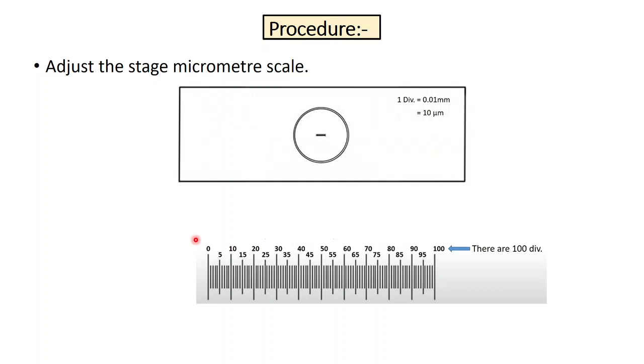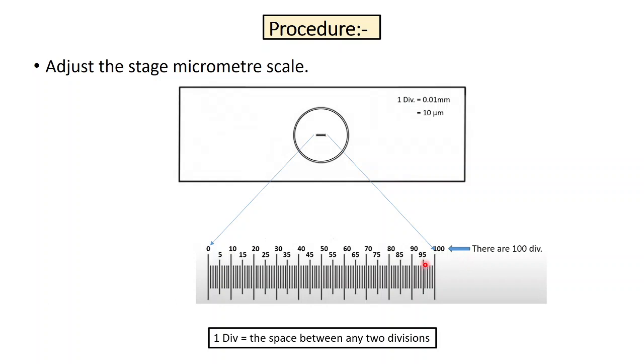Actually here you can see the numbers, but actually there are no numbers given on the stage micrometer scale. One division is the space between any two divisions, and that one division is how much? 10 micrometer, means 100 divisions is 1000 micrometer.